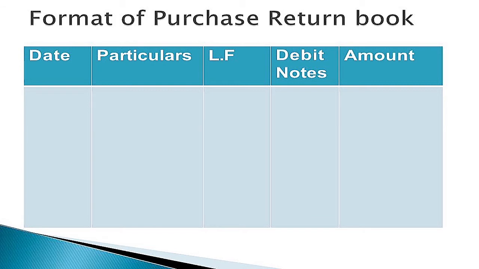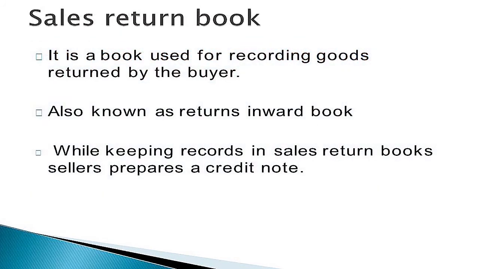Then coming to the sales returns book. It is a book used for recording goods returned by the buyer or the customer. We sold goods to customers. Customers found them defective, then they will return goods to us. That's why those are called returns inwards or credit note.